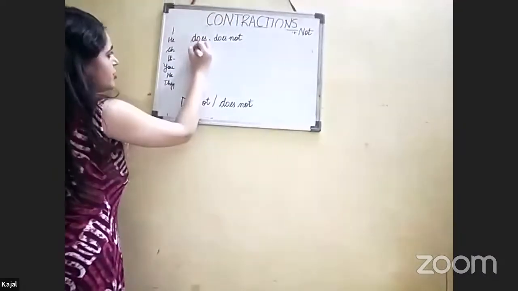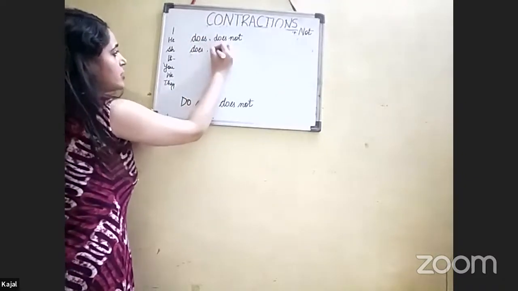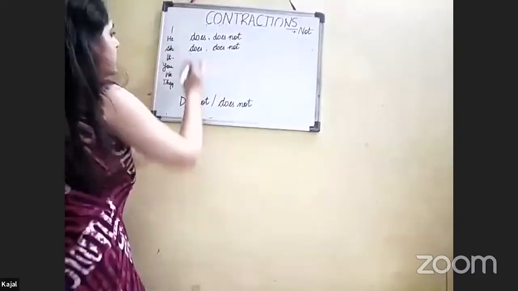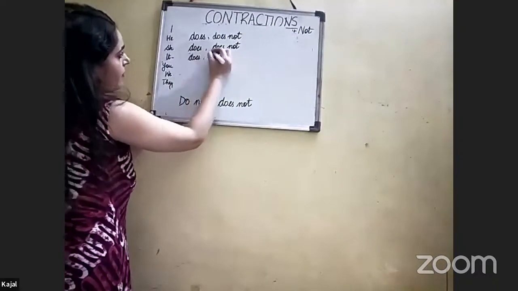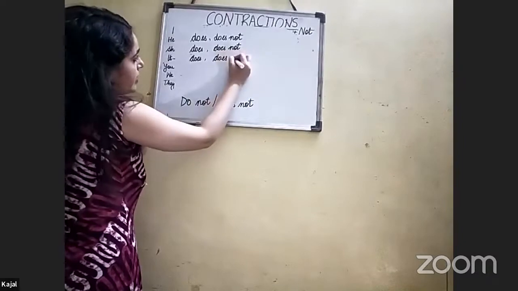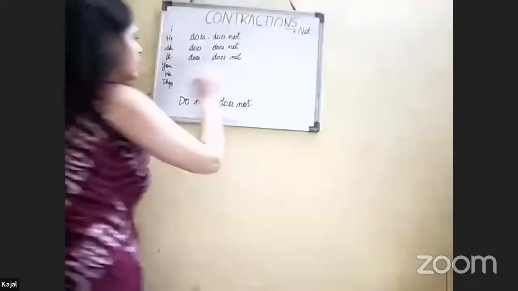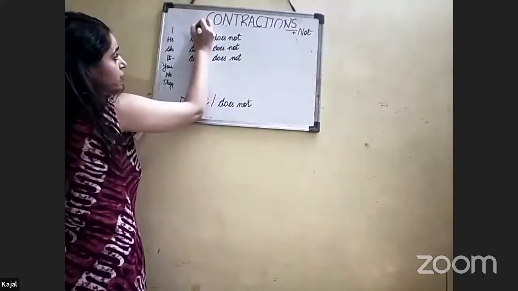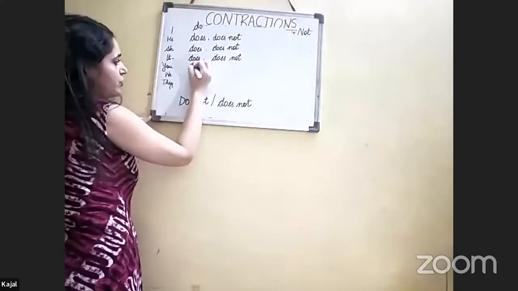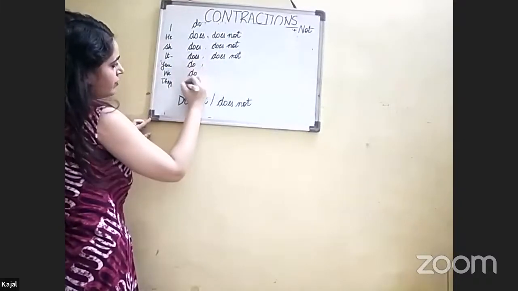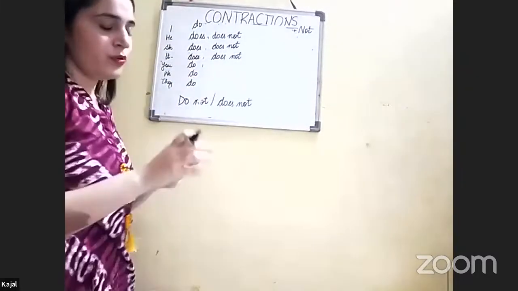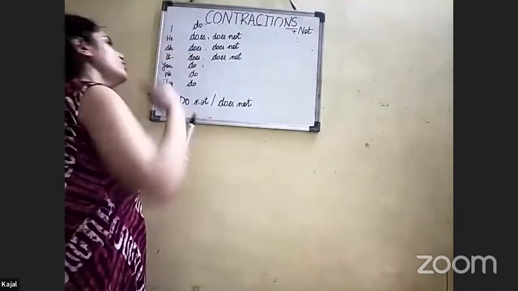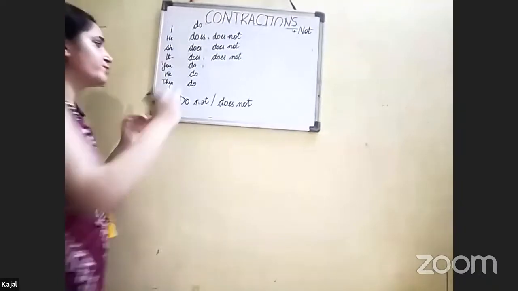Same way, she does not. It does not. Right? With I, we use I do, you do, we do, they do. Okay? I do, he, she, it does, you do, we do, they do.